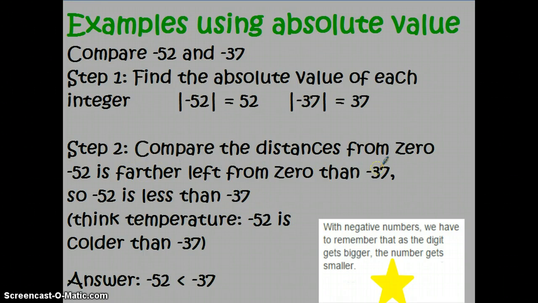So step 2 says compare the distances from 0. And since they're both negative, they're both going to be to the left side of the 0. But since -52 is going to be further away from 0, that makes it less than -37. So think temperature again.